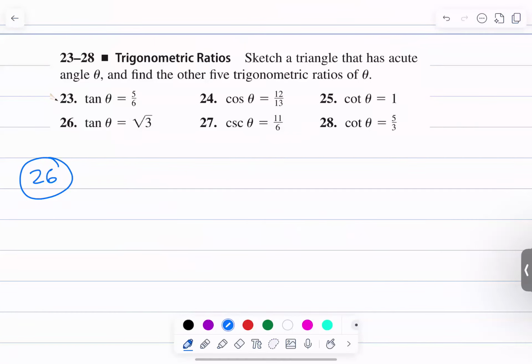Okay? So let's say that this is theta here.